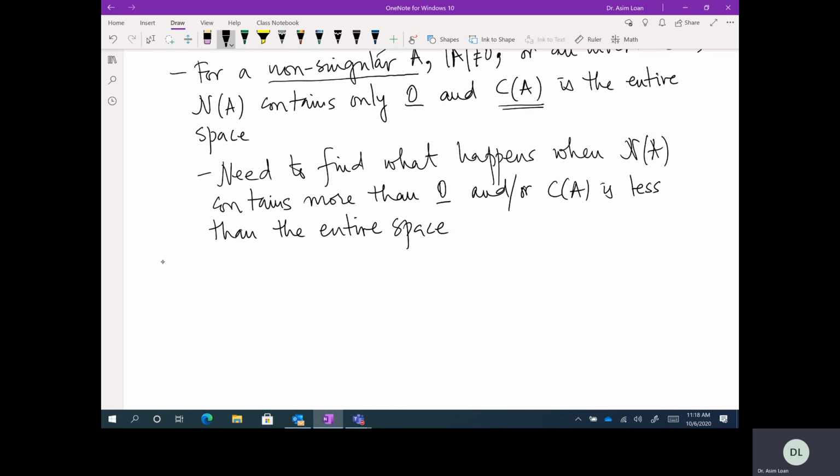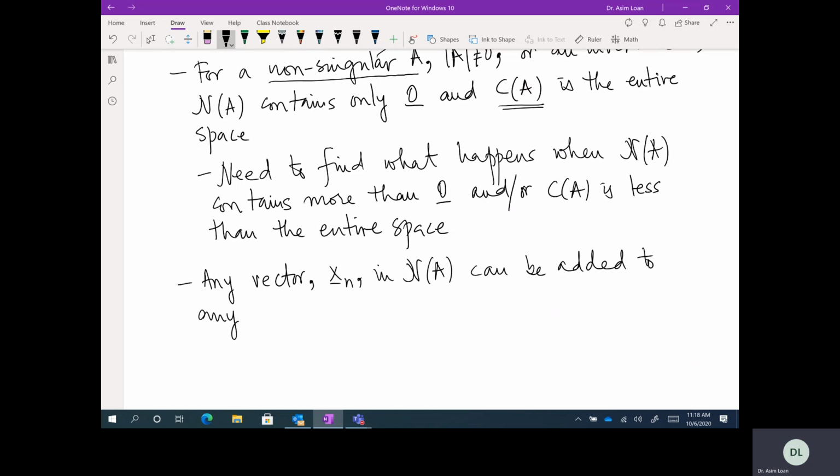So any vector xn in the null space of A can be added to any particular solution, let's say x of p.